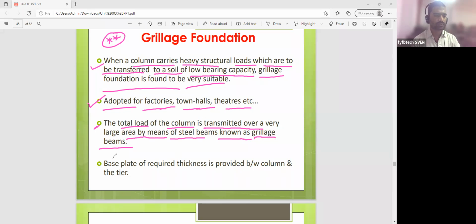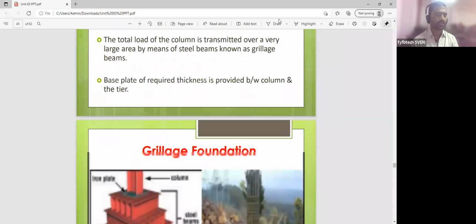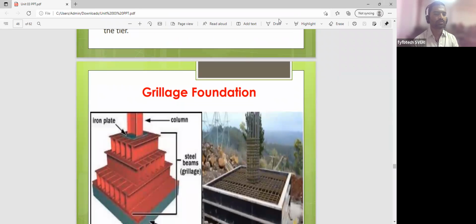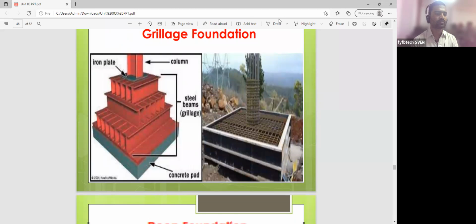So this is important from the examination point of view. This is how the beams will be. Steel beams are placed, and this is the vertical.